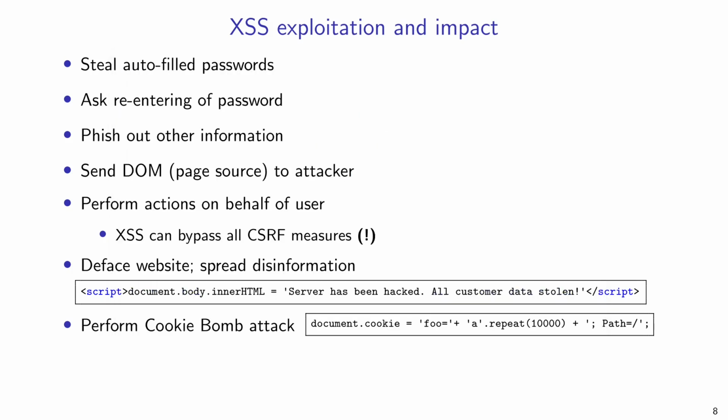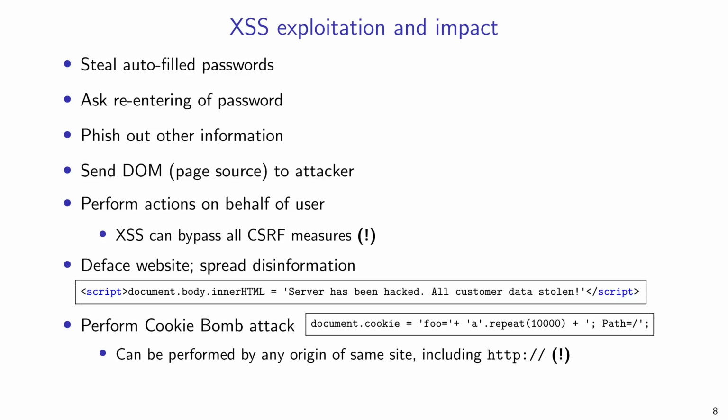Note that by manipulating the path attribute, the attacker can block access to only specific sections of the website, which might be useful in some more advanced attacks. Now, what is even worse is that such cookie bomb attacks can be performed by any origin belonging to the same site, including the insecure HTTP origins.